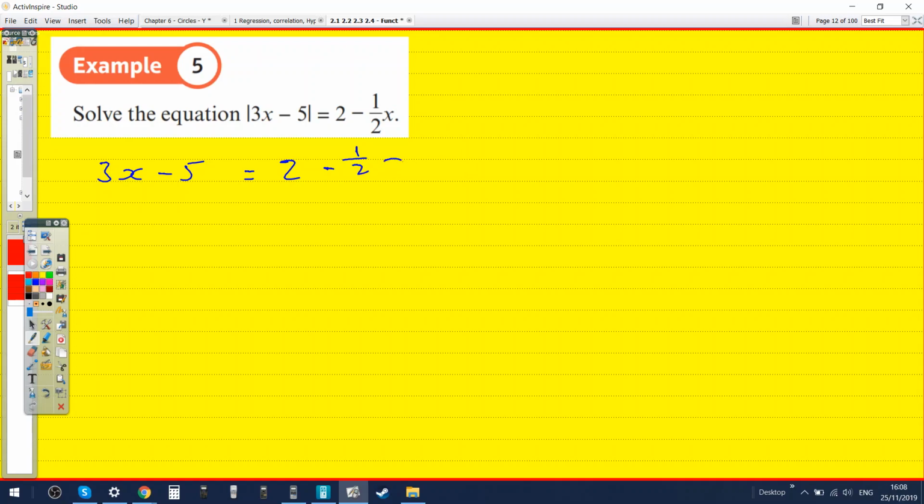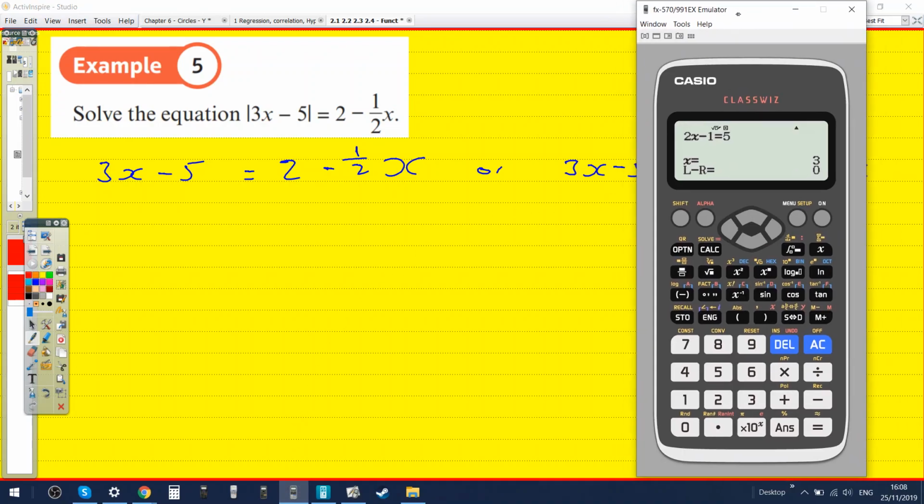And then the other one would be -2 plus a half x. Well done. I'll let you do the one on the left. I'll do the one on the right. Okay.